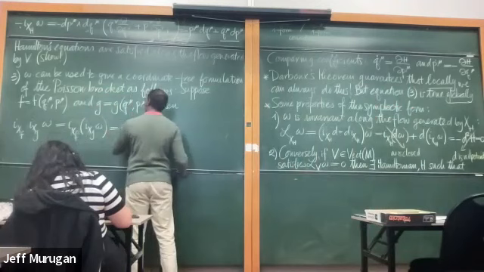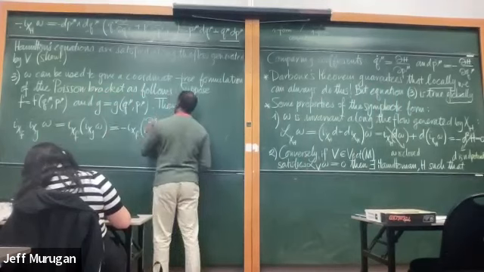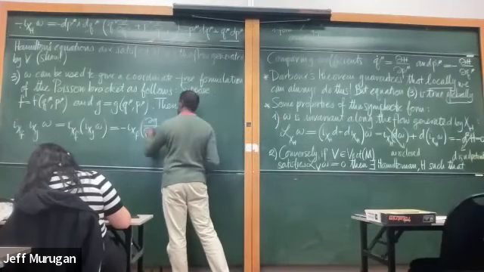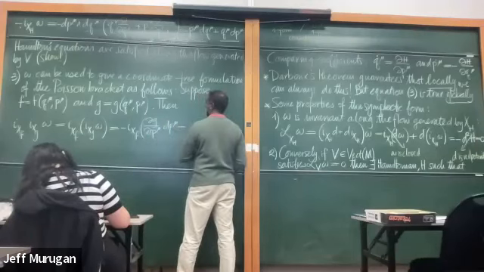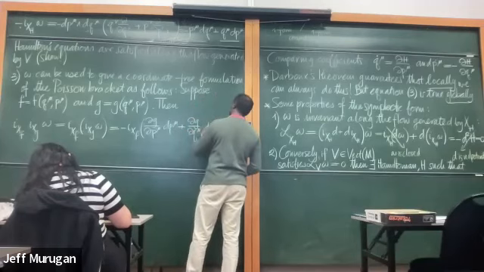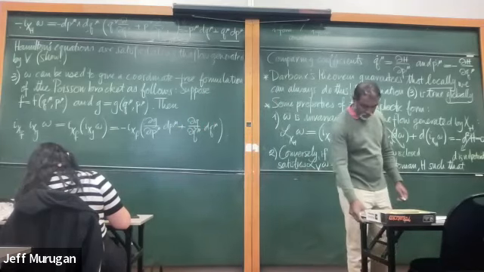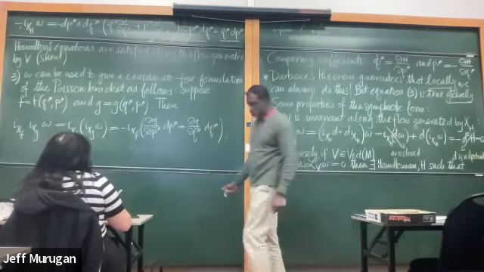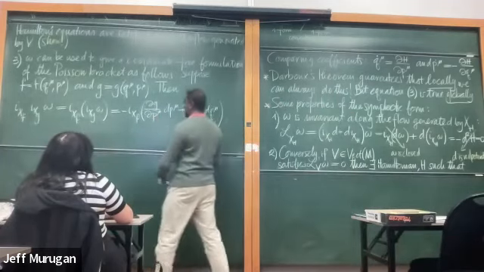Which is minus i_X dd by the E mu plus the G by the Q in the Q. And this is the one form.